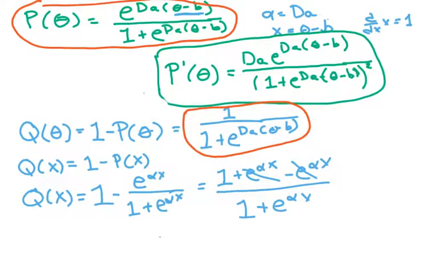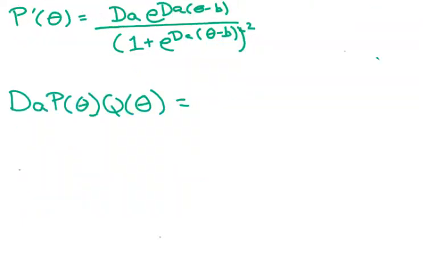So now, if you look at this, you can almost see it. We're talking about dA times P times Q. So let's just make sure that's clear. I have my derivative looking like this, and I'm going to show that this is the same thing as here.